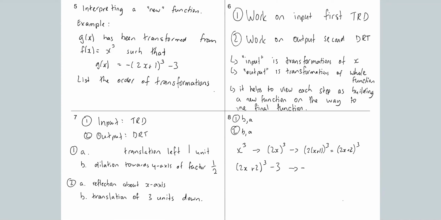So that means negative the whole function. The whole function is 2x plus 2 all cubed minus 3. So it's negative that, which equals negative 2x plus 2 all cubed plus 3. So in fact, we'll end up going upwards by 3 instead of downwards by 3, okay, because we've reflected it.